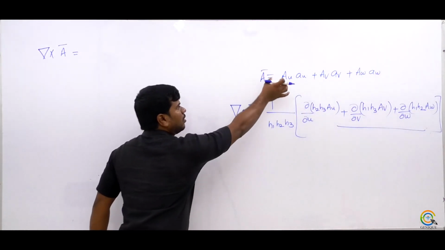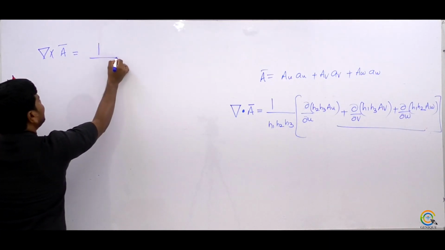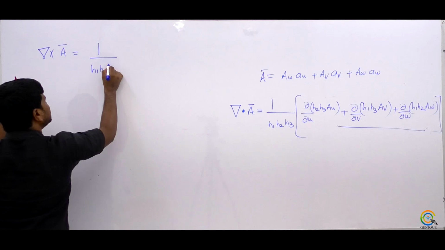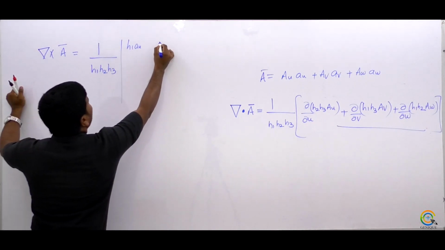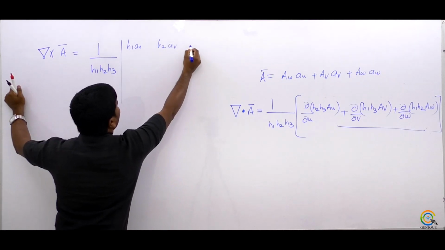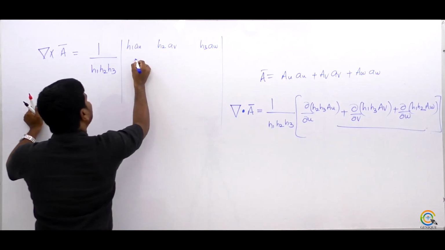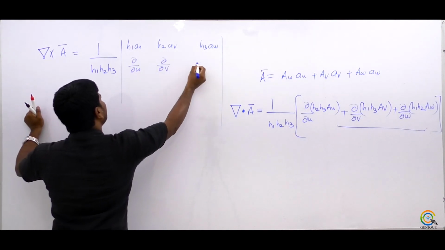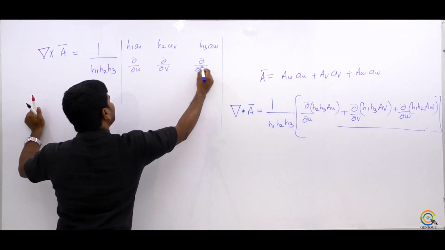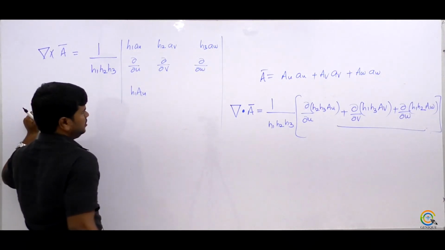If the vector is given like this in any coordinate system, you have to write 1 divided by H1 H2 H3, with H1 AU, H2 AV, H3 AW, and del by del U, del by del V, del by del W. You have to write the scalars.